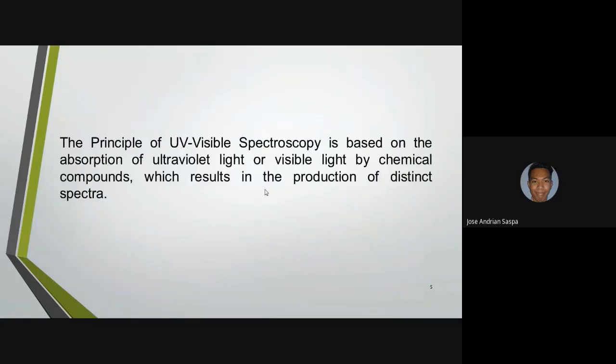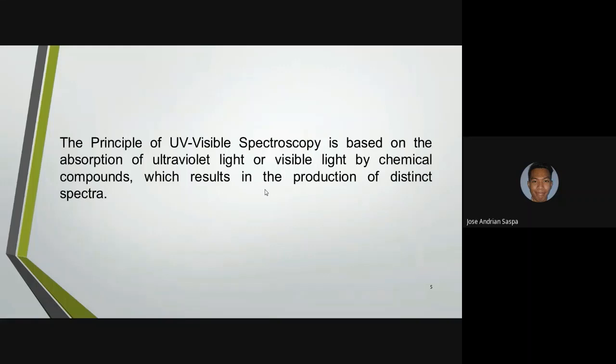The principle of UV visible spectroscopy is based on the absorption of ultraviolet light or visible light by chemical compounds, which results in the production of distinct spectra. When matter absorbs ultraviolet radiation, the electrons present in it undergo excitation.